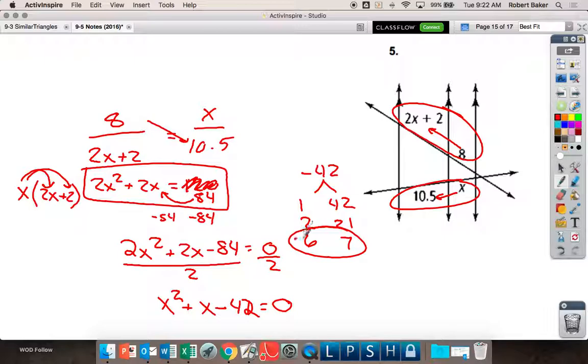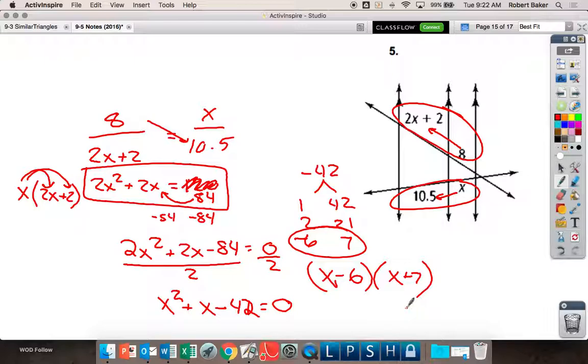So I have to have a negative 6 and a positive 7. That means my factors are x minus 6 and x plus 7, because negative 6 times 7 is negative 42, and negative 6 plus 7 is positive 1.